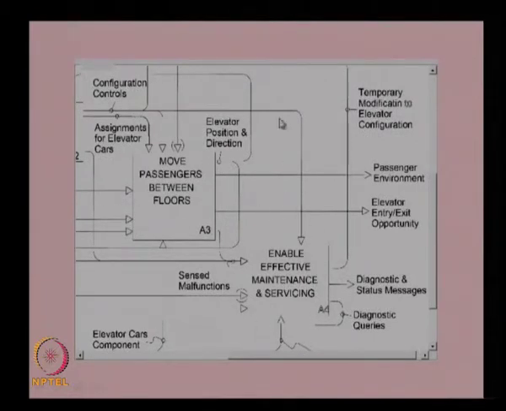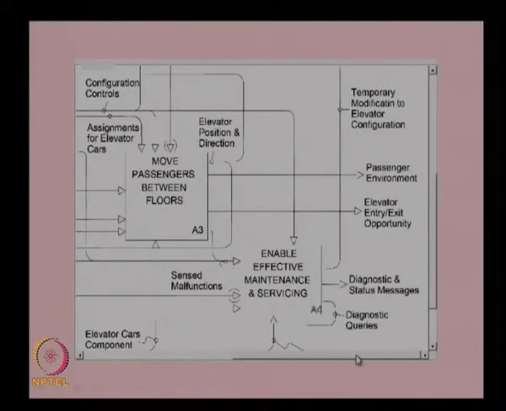So the input from various sources will be coming about the status of all the functions, and other controls will be coming here, and the sensed malfunctions also will come as input. Based on this, the function will process the diagnostic and status messages and send them as an output, and these queries will be used by other functions in order to execute their functions.